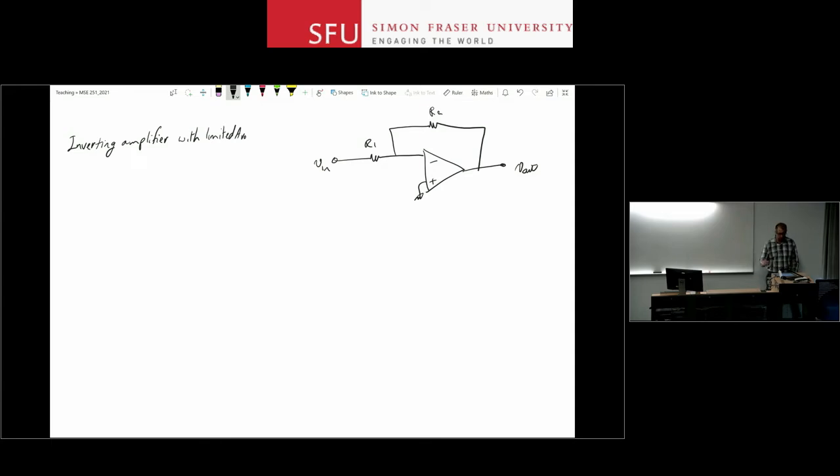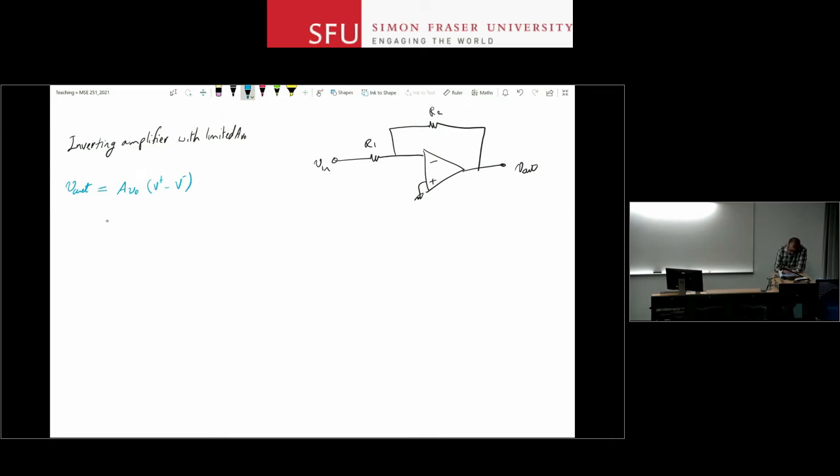From the op-amp basic properties, I know that V out equals A V naught times the difference between the inputs. This is the definition of the op-amp. We are going to assume this is still holding, but because A V naught is not infinite, I cannot say that the difference between the two is 0.